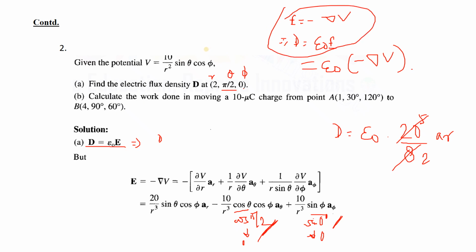It is quite easy, you just have to remember these relationships. A question may also come with the curl of E, so we have to remember that too. If it is asked what will be the value of E as a vector, then you have to put the curl of E, equate it to 0, and determine the value of Ex, Ey, Ez. In that way also a problem can come.